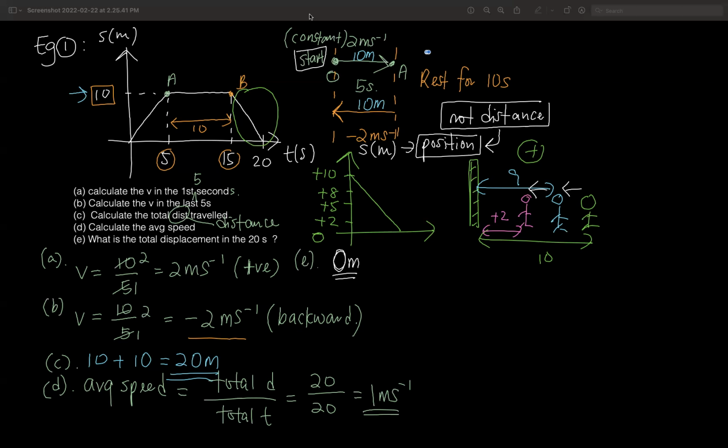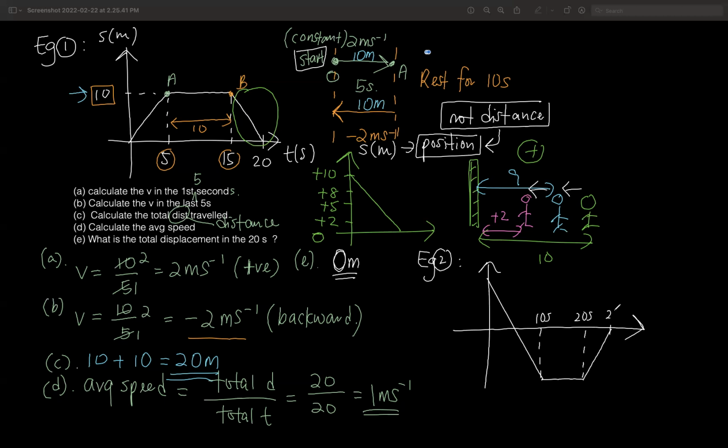All right, so example 1, take note. You want to be careful with the graph sometimes, because they give you, you want to be careful with the unit.